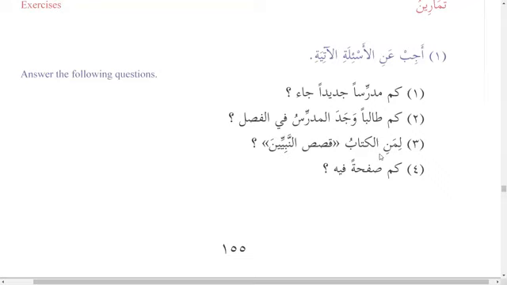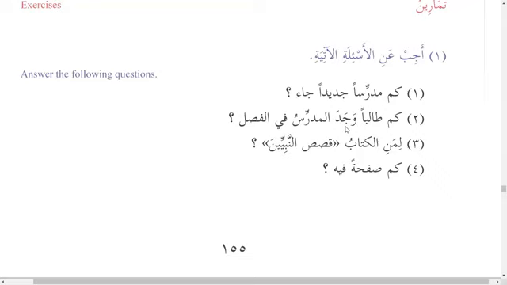And actually, in the text, it is ولكنني أرى 25 طالبا فقط. Okay, so how many students did he find? He found 25, right? Yeah, so that's right.